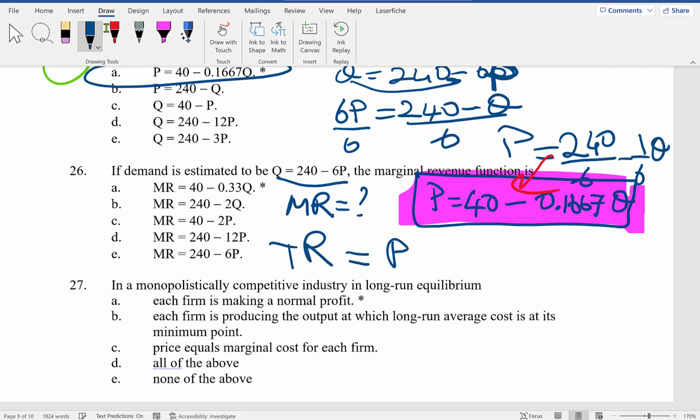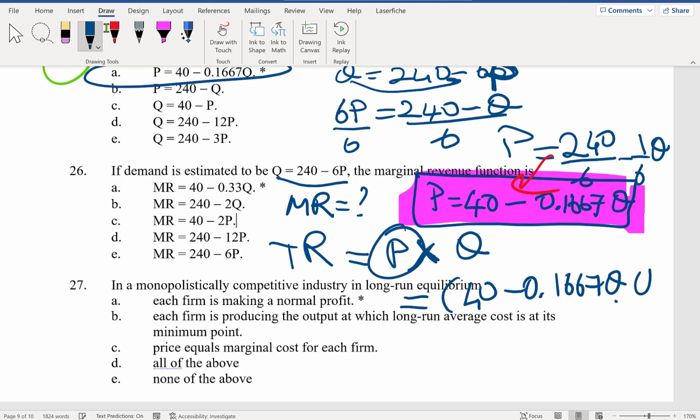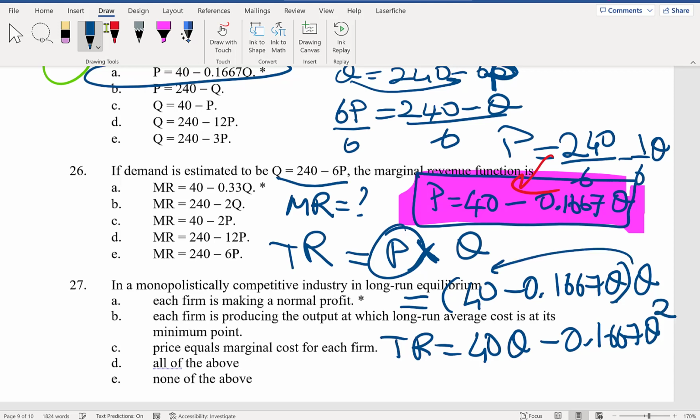Total revenue is price times quantity. Instead of price, we're going to put 40 minus 0.1667 Q times Q. Total revenue is going to be 40Q minus 0.1667 Q raised to the power 2. I'm just distributing this over the parentheses.